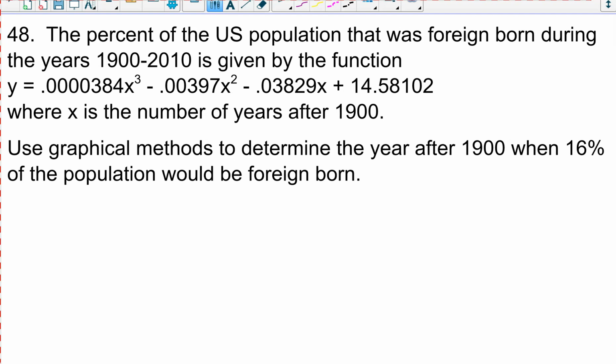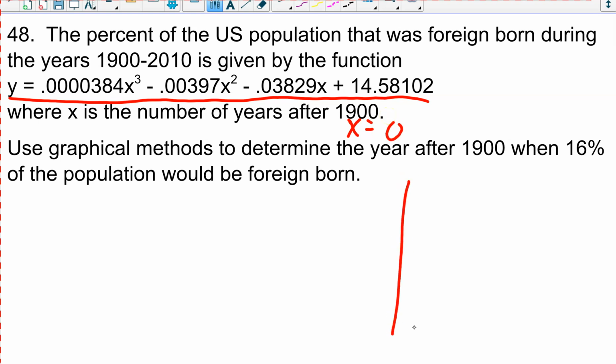So 48 is the percent of the U.S. population that was foreign-born during the years 1900 to 2010 is given by this function. So you're going to enter this into your calculator, where X is the number of years after 1900, so that's where X is 0. Use graphical methods to determine the year after 1900 when 16% of the population would be foreign-born.